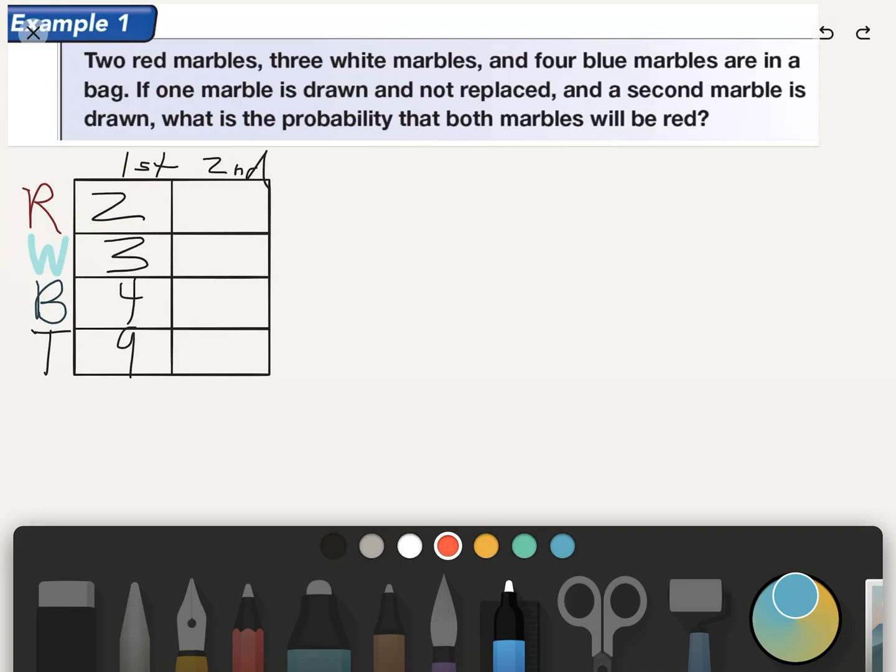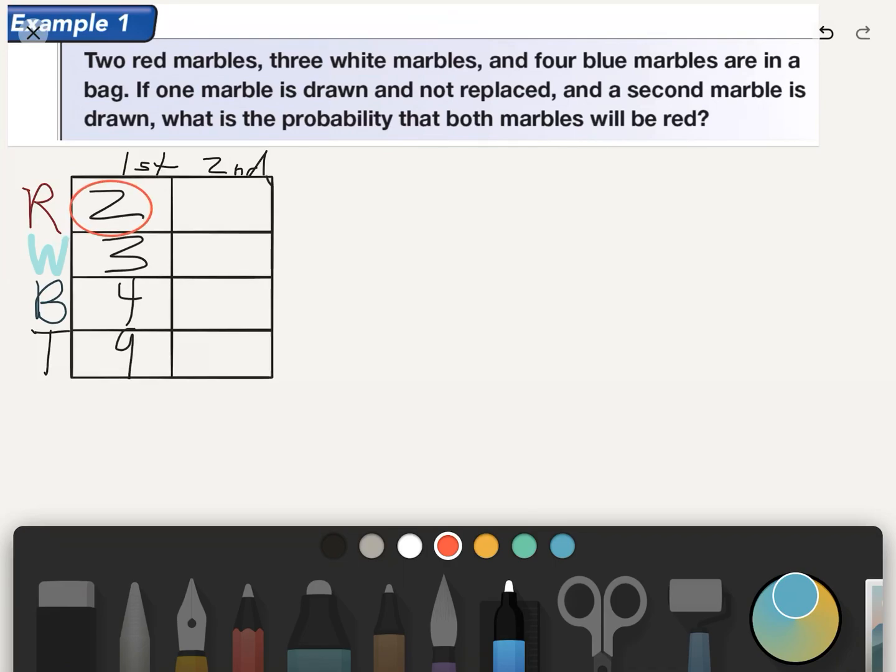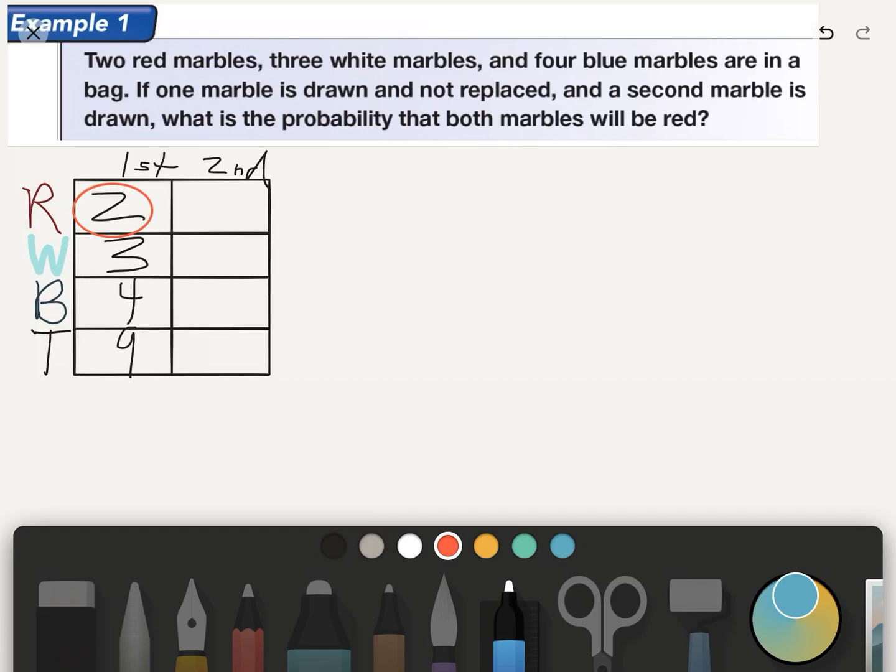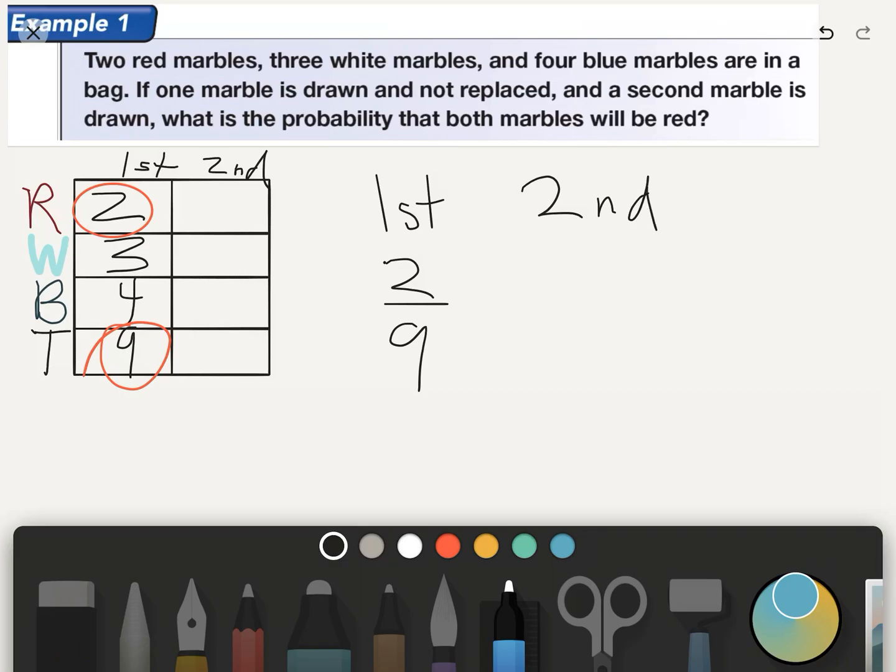So to start out with, looking at this, we can see that there are 2 red marbles and the total number in the bag is 9. So our first event, we have a 2 in 9 chance that it will be a red marble. However, the second event, everything has changed.